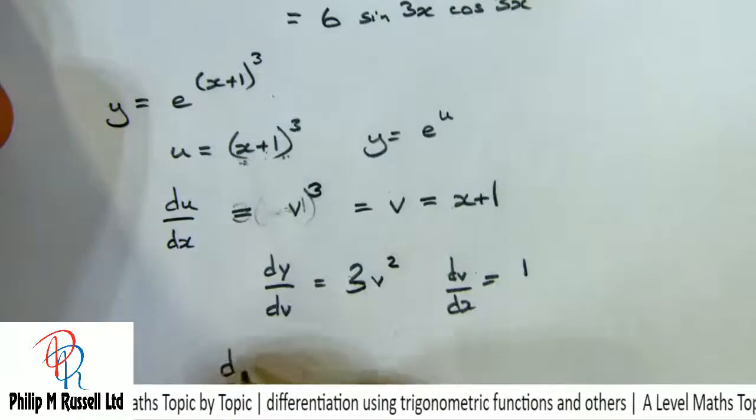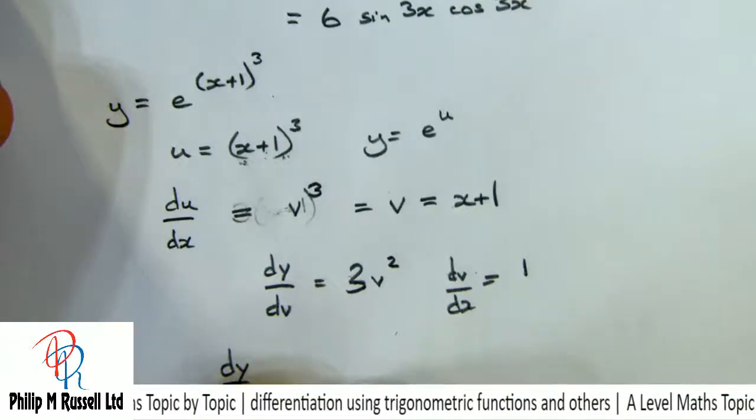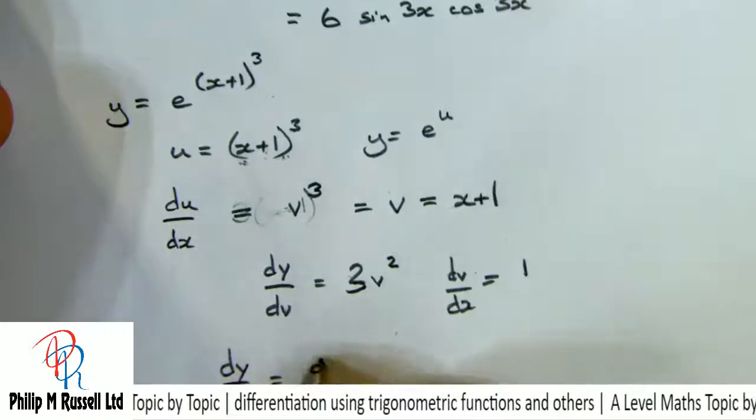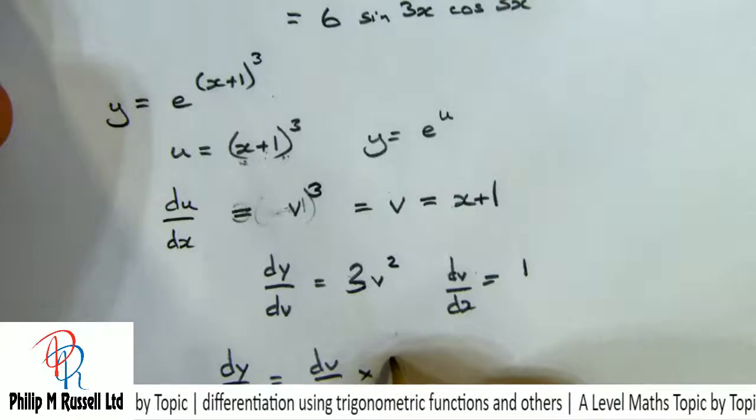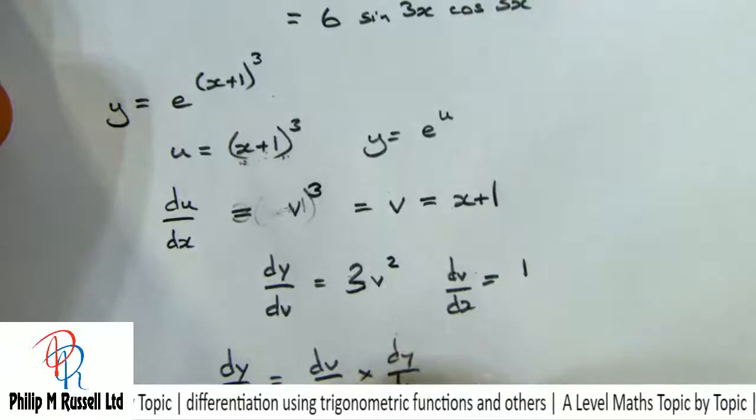I know that dy by dx equals dv by dx times dy by dv.